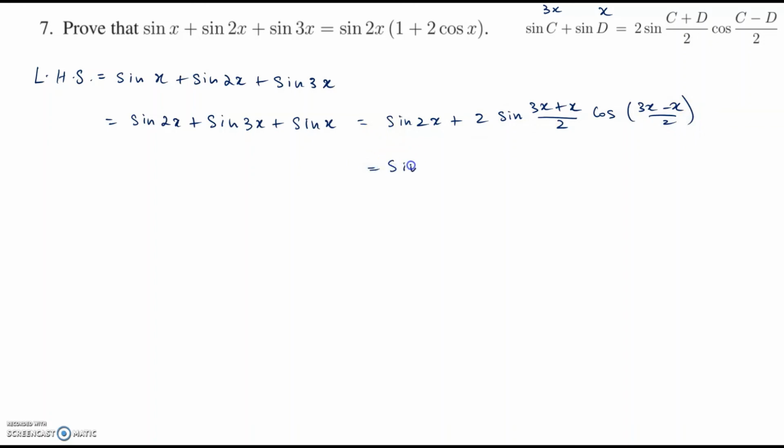So this becomes sine 2x plus 2 times sine 2x, since 4x by 2 will be 2x, into cos, again 2x by 2 will be cos x. Now we have sine 2x as common, so let's take that out. So this is sine 2x into (1 plus 2 times cos x). That's equal to our right hand side, hence the proof.